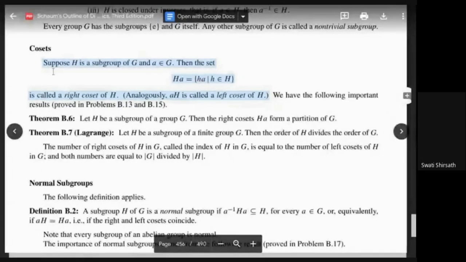Suppose H is a subgroup of G and small a belongs to capital G. Then this set Ha is equal to small ha, where small h belongs to capital H, is called the right coset of H because that small a is on the right side of H, and aH is called the left coset of H because a is on the left side of H.